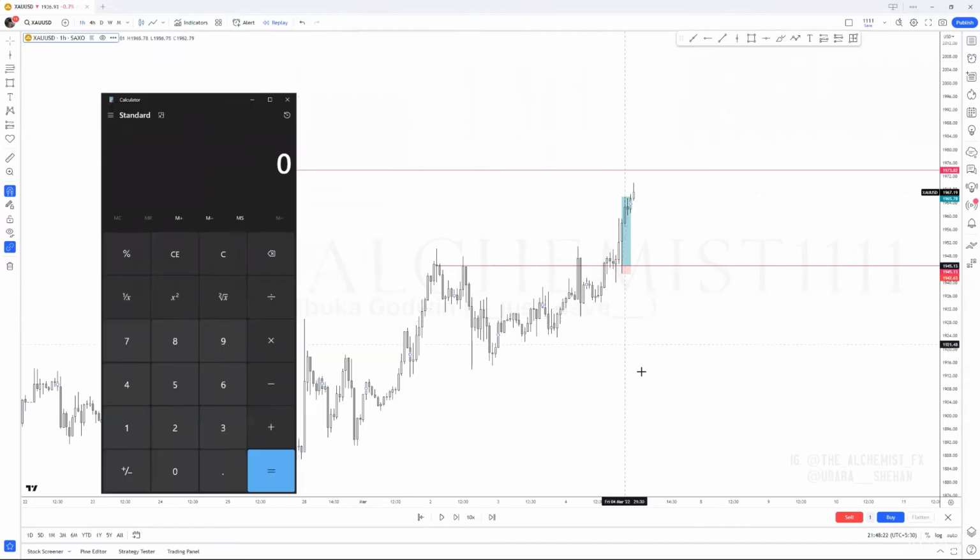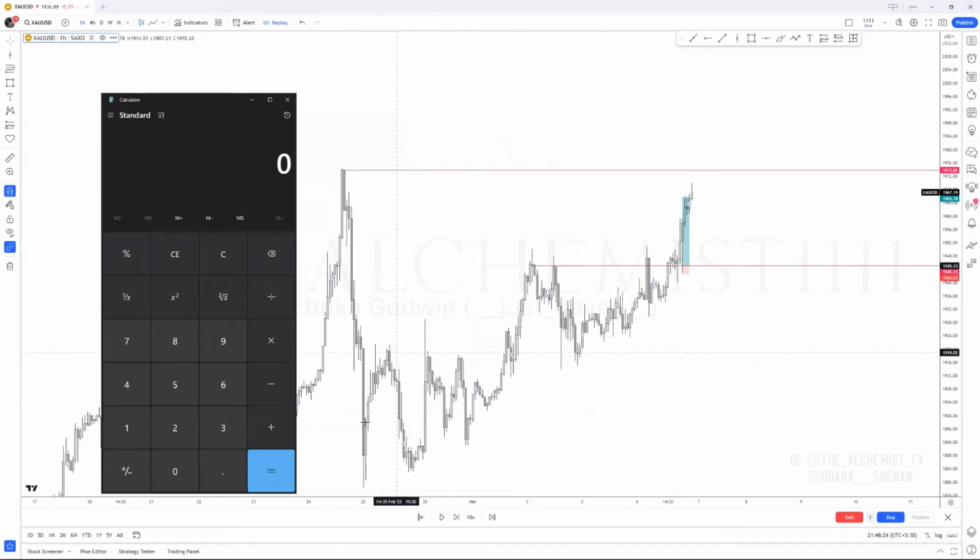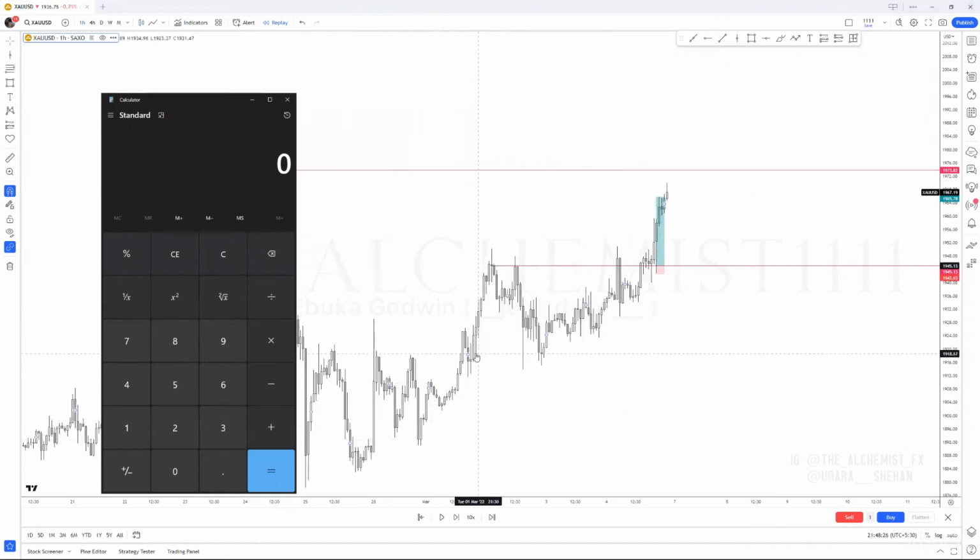Let's rewind. No trades here. We were confused. We had one loss here. We had a winning trade here. This was 5%, this was 5%. That's 10%, and this is 8%. So let's say 18 minus 2%, we had 16%. Isn't that enough?